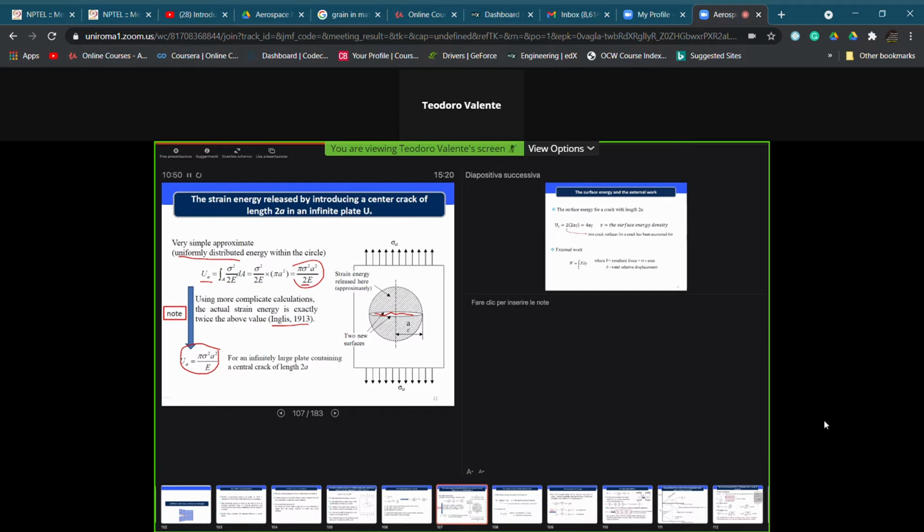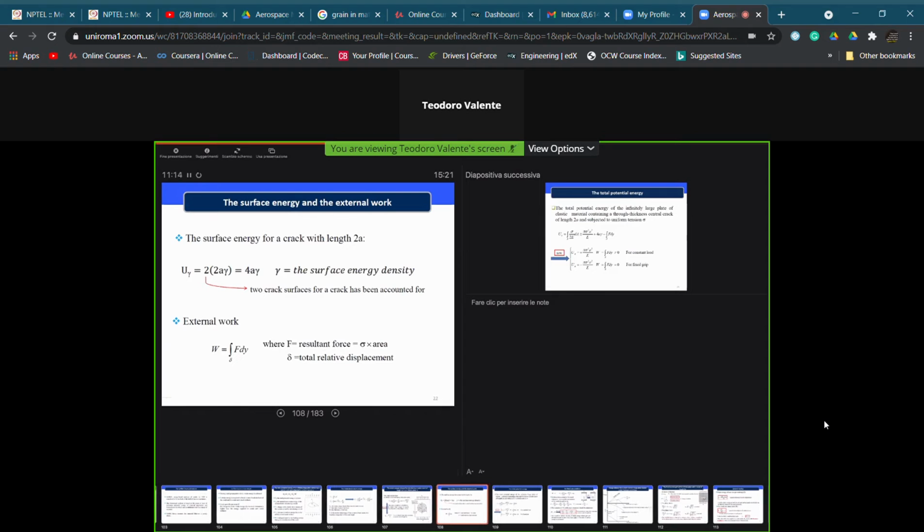It refers again to an infinitely large plate having a central crack, which we call, as we have already called it, with a total length of 2a, and it is equal to the previous one where we cancel the term 2 on this ratio.